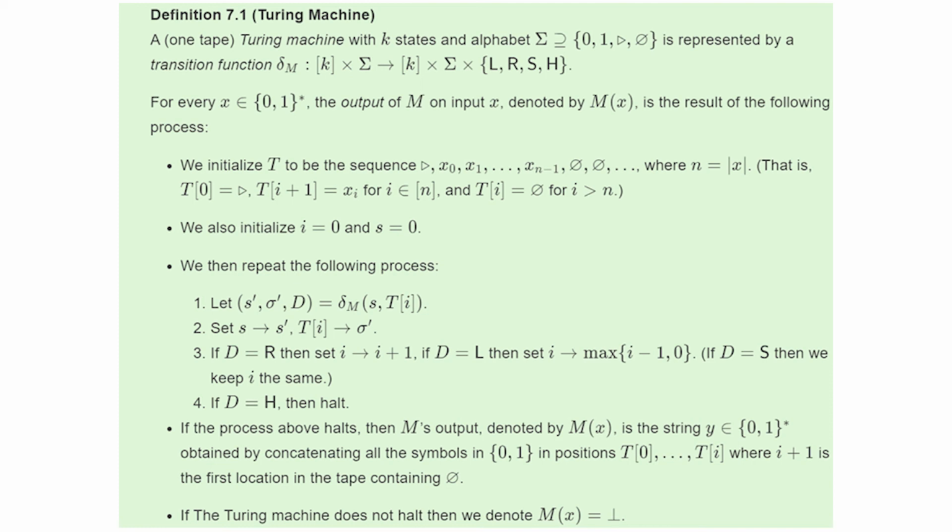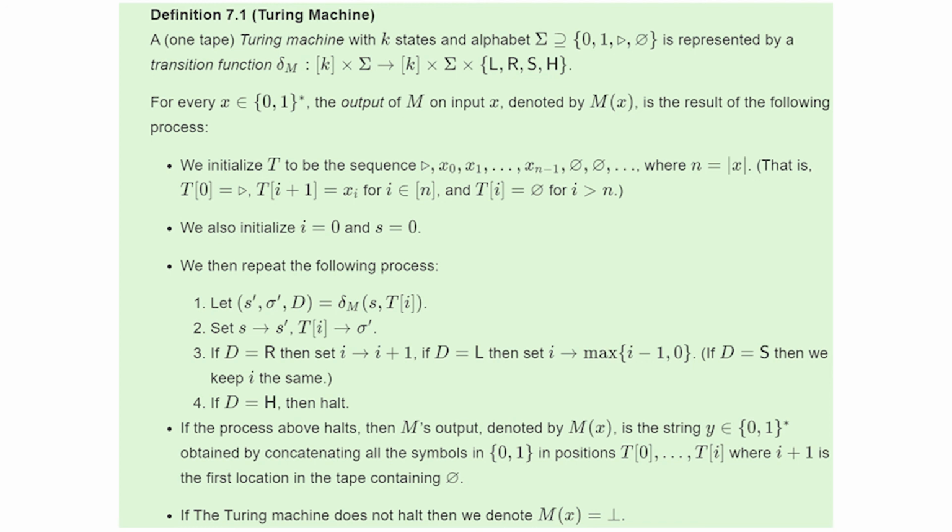This different thing is what the book does. The book does not have any notion of final states. Instead, the book states that essentially the output is all of the contents of the tape once the machine halts. So we can see here it says when the process above halts, then the output of the machine M is determined by the string that's obtained by looking at all of the symbols starting from the beginning of the tape until the first location of the tape which contains a blank.